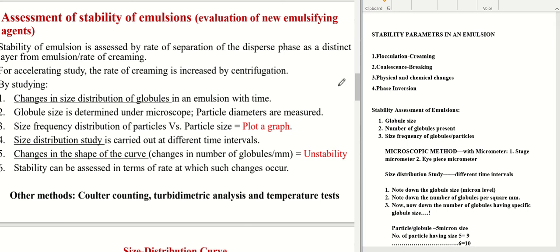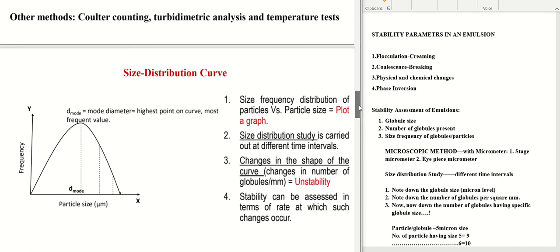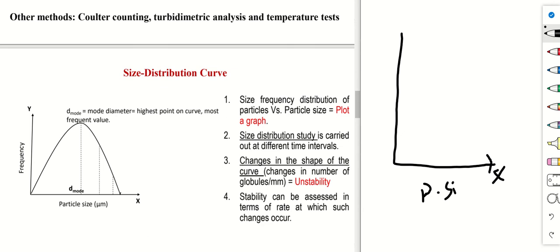Now let's see how we can plot this graph. Now in this we need to plot a graph by taking particle size on the x-axis and frequency on the y-axis.